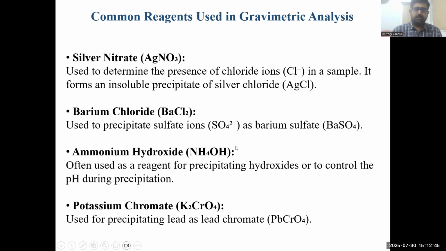Third is ammonium hydroxide. Mostly it is used to adjust the pH and also helps in precipitating hydroxides. And fourth, potassium chromate, K2CrO4, is used selectively for precipitating lead metal in the form of lead chromate.